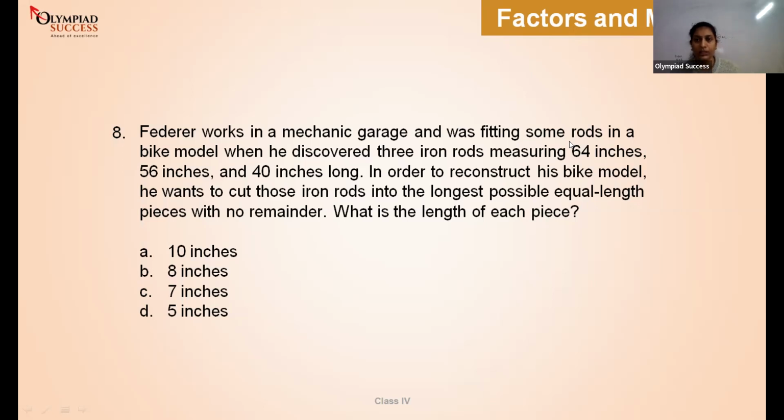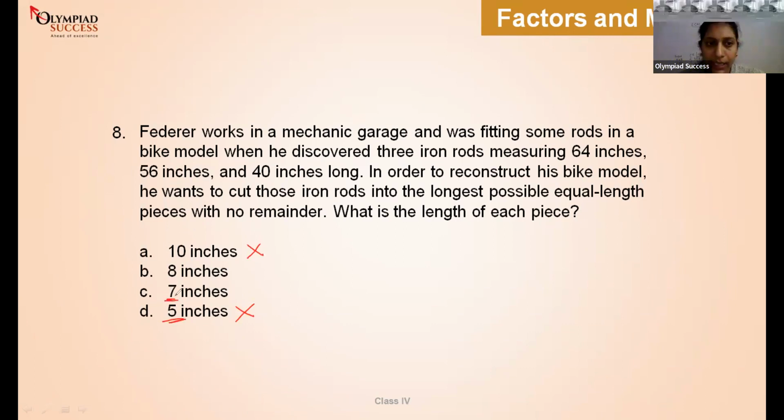Now, which option will totally divide 64, 56 and 40? In which table will all come? Is 10 possible? No. Because if it is 10, then 56 and 64 are not possible. Okay. Now, if I talk about 5 also, then 64 is not possible. So 5 is not correct.